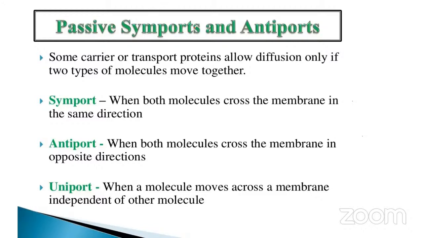Symport: when both molecules cross the membrane in the same direction. Antiport: when both molecules cross the membrane in opposite directions. Uniport: when a molecule moves across a membrane independent of another molecule. Okay, thank you.